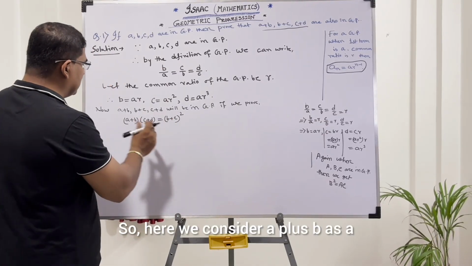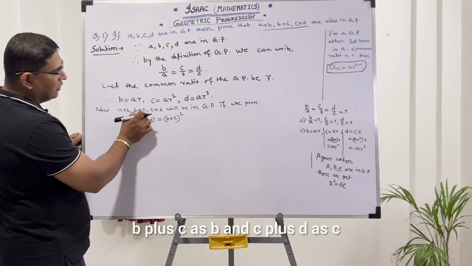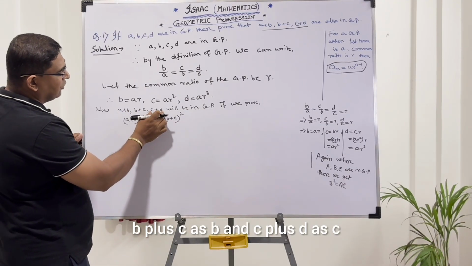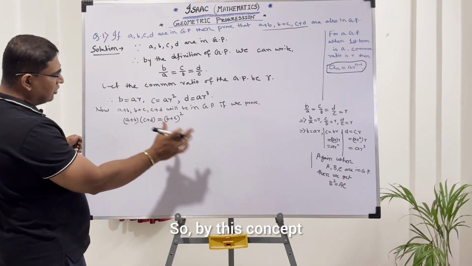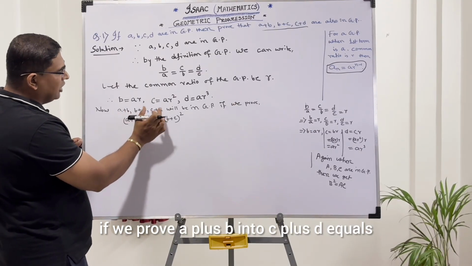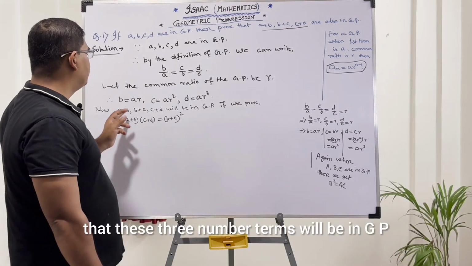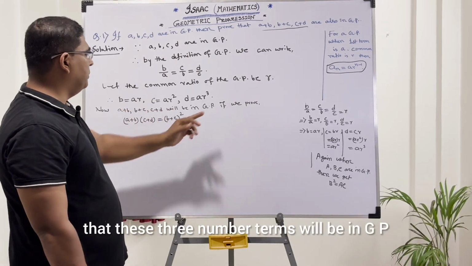Here we consider A plus B as A, B plus C as B, and C plus D as C. So by this concept, if we prove A plus B into C plus D equals B plus C whole square, then we can say that these three terms will be in GP.